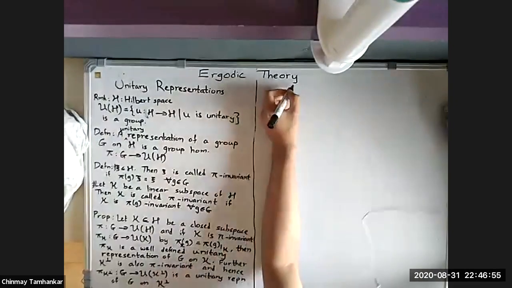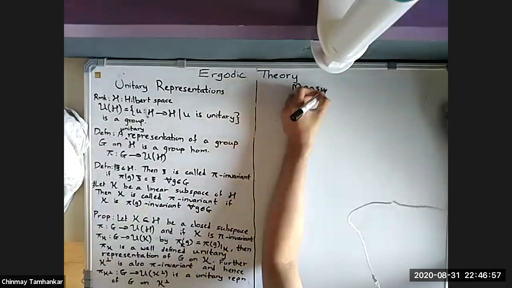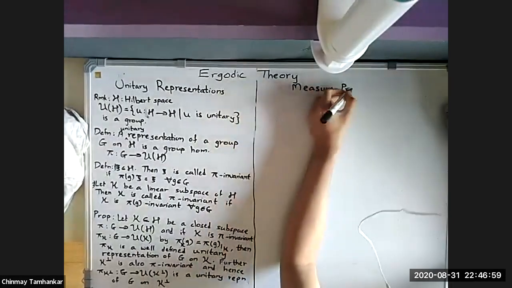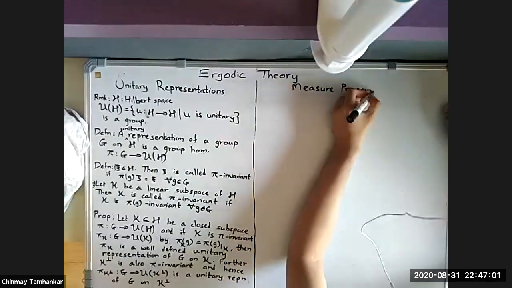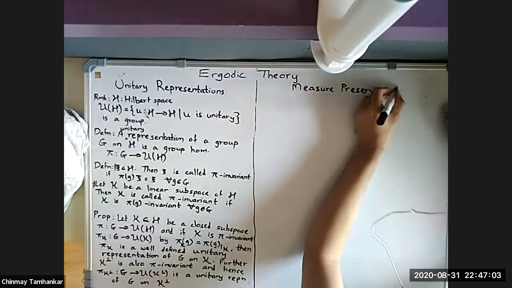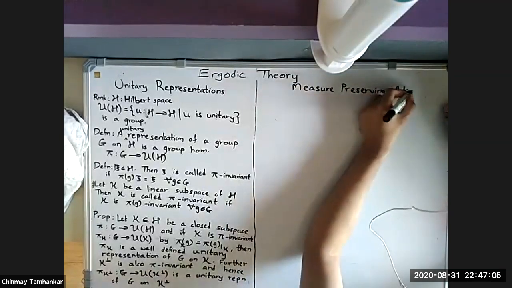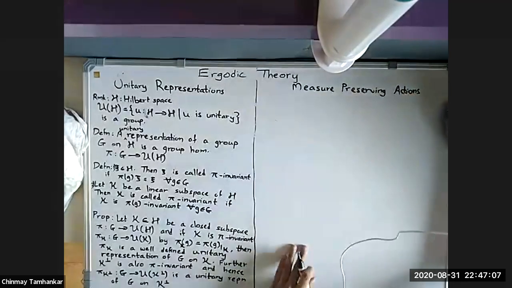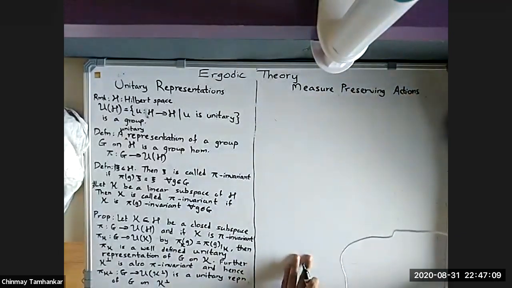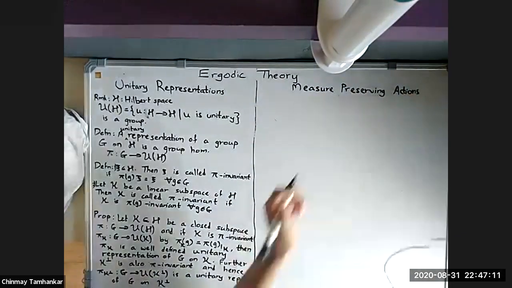So this is about unitary representations. Another thing we did last time was measure preserving actions. Is this visible? Okay.